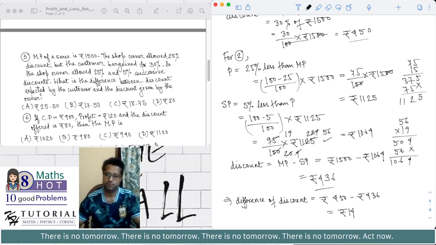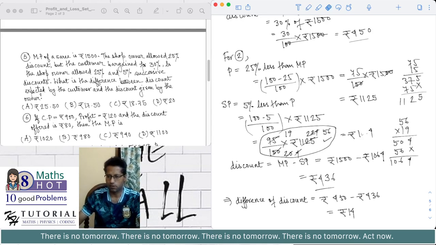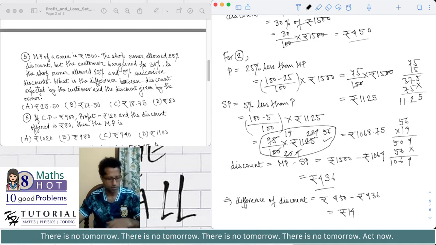Oh, sorry, I did some mistake over here, in this simplification process. I am doing some bit of cheating in the calculation. This will be 1068.75. I used a calculator.